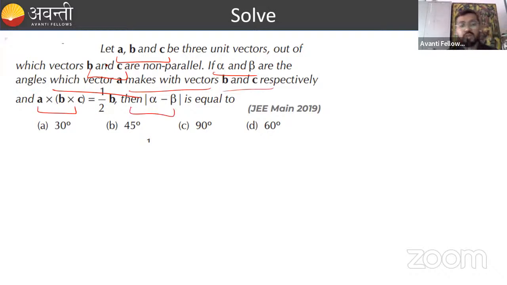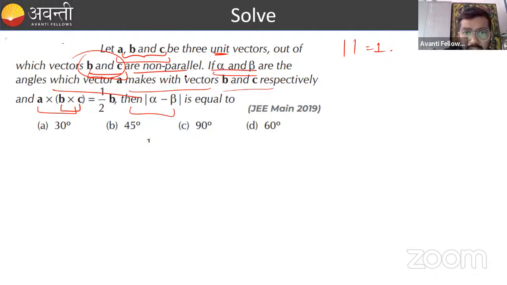Then the value of mod of alpha minus beta is equal to. So the crucial information given is about b bar and c bar. First of all, these are all unit vectors, so their modulus is equal to 1, and b bar and c bar are non-parallel because otherwise this will become 0 if they are parallel. So hence it is given.